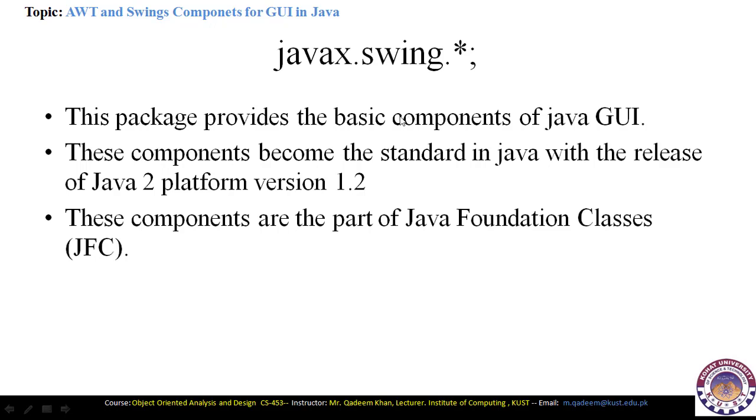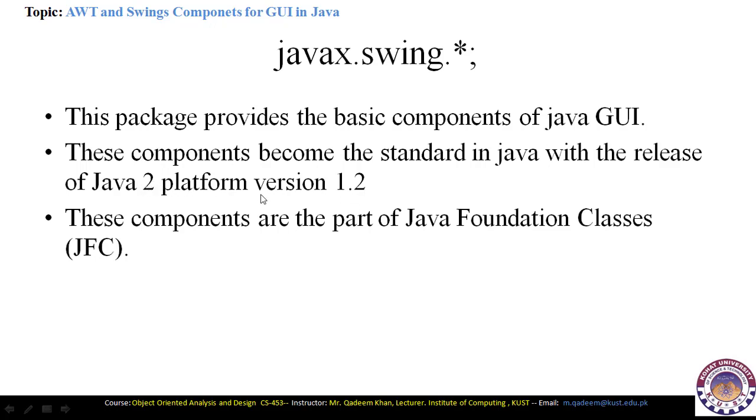This is the package which has the basic components of the GUI. Now, these components become the standards in Java. It means that they are updating, and these components are in fact released after 6 months, or sometimes after 1 year, and now we have Java 2 platform version 1.2.